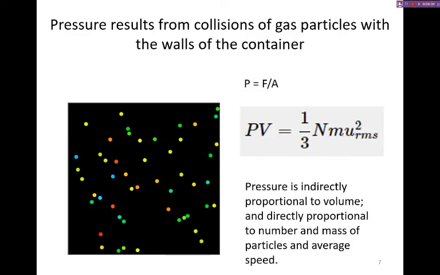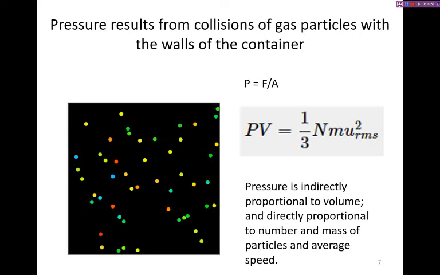Let's talk about pressure. Pressure is essentially a force exerted over an area. And when scientists have done studies about pressure and volume, number of particles, and the speeds, they have found that the pressure is inversely proportional to the volume. So if your pressure goes up, your volume goes down, or vice versa.